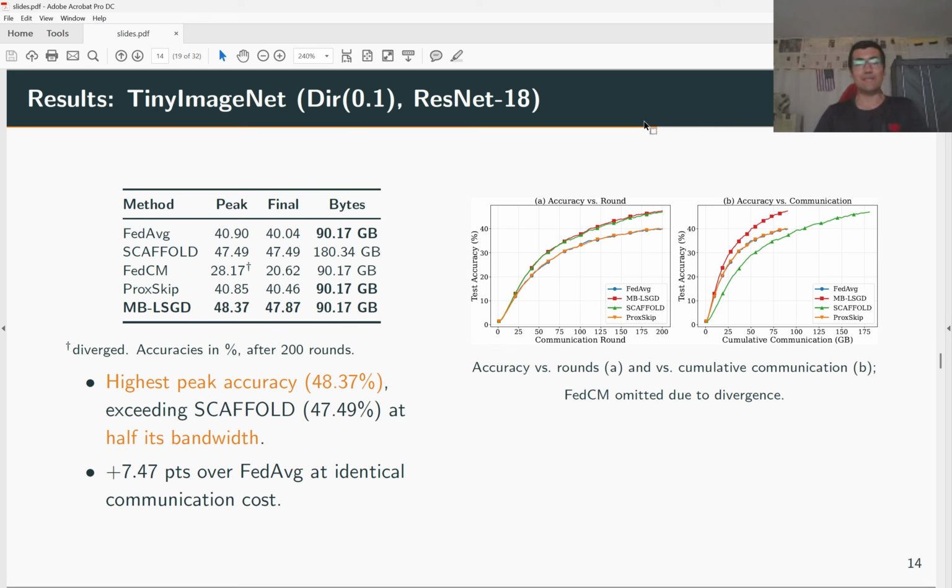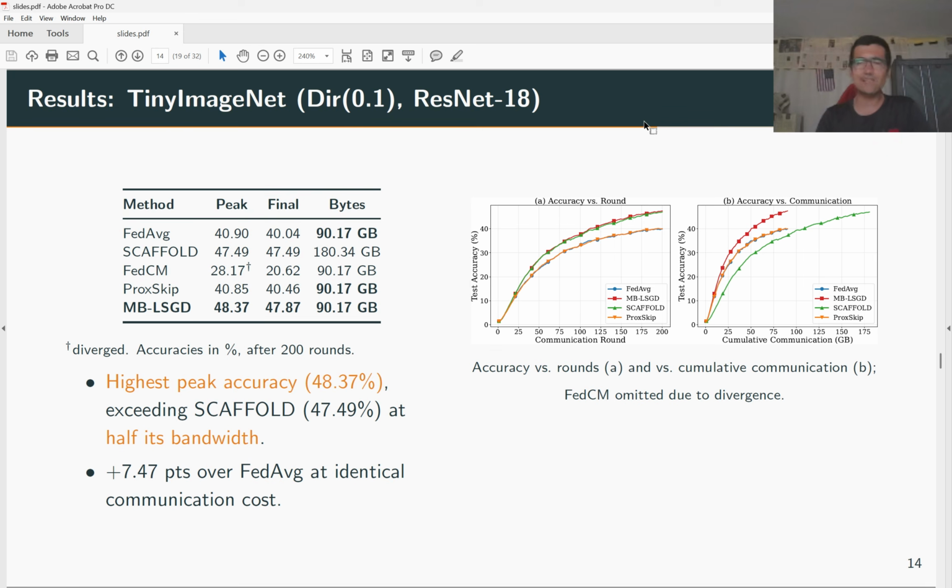The zero-overhead baselines without drift correction, FedAvg and ProgSkip, plateau around 40 to 41%, so we are about 7.5 points above FedAvg at identical communication cost. FedScience again diverged.